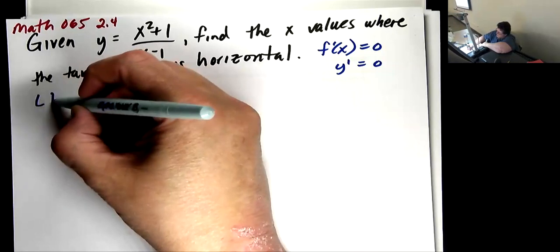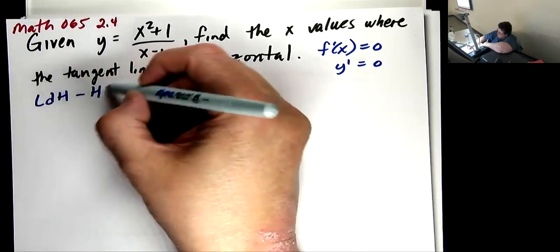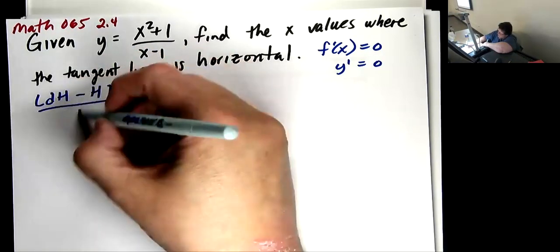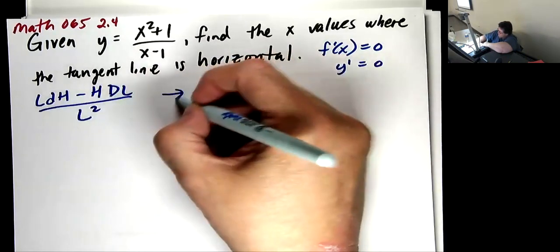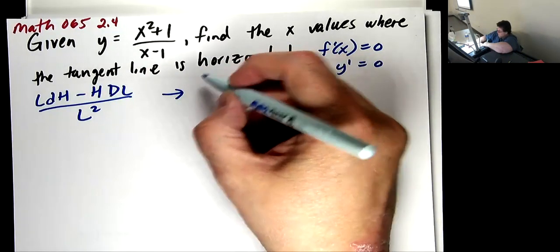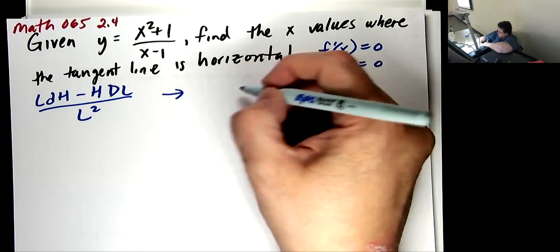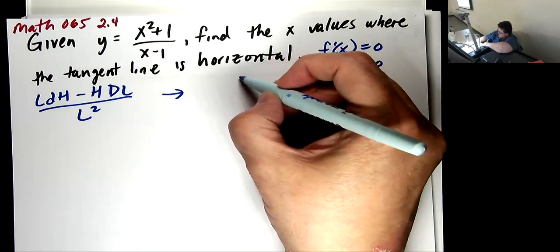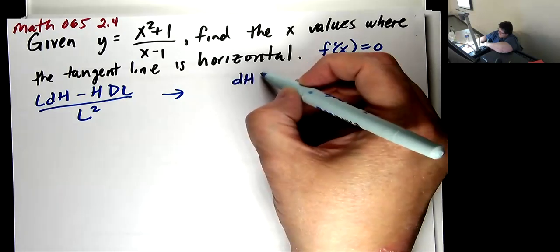We had done low d high minus high d low over low squared. Let's try the version that is similar to our product rule. So like the product rule, we could have done d high times low.